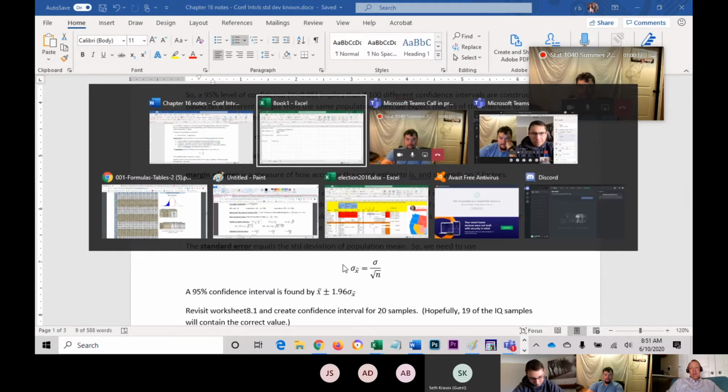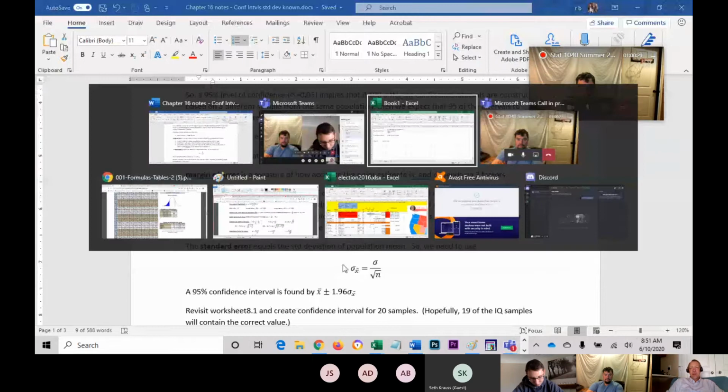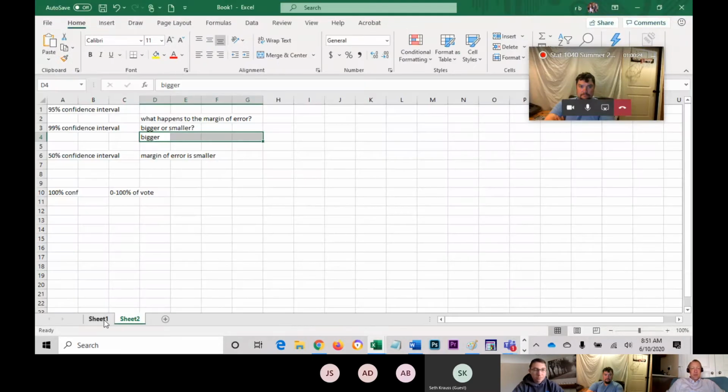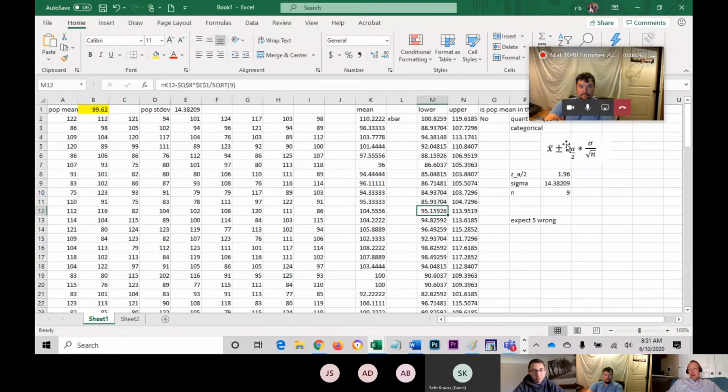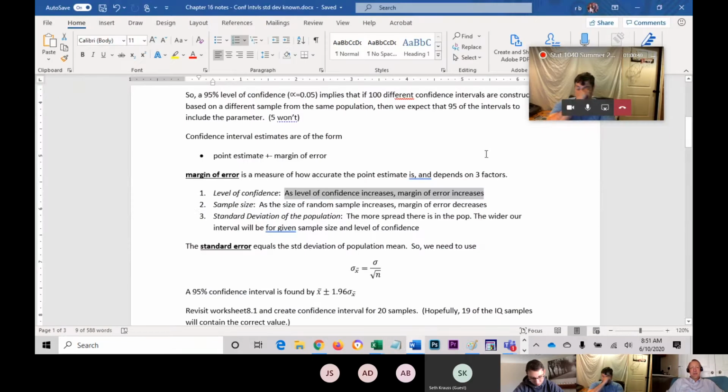in fact, as we look at this, it says there's 3 factors. When you look back at your formula, remember I told you that you've got 3 things here. You've got your significance level, level of confidence, your standard deviation, and your sample size.